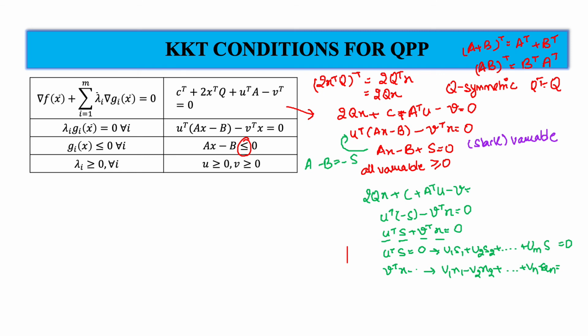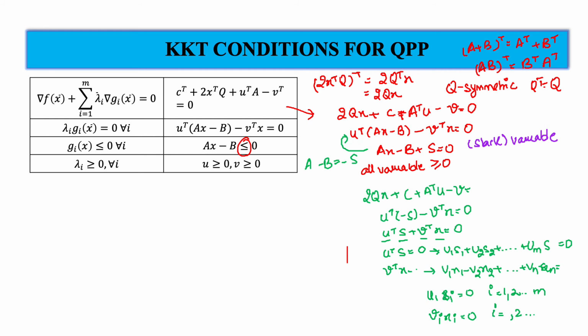Okay, this implies that ui si is equal to 0 for i from 1 to m, and vi xi is equal to 0 for i equals 1 to n. So all of these are 0, and you can rewrite it like this.